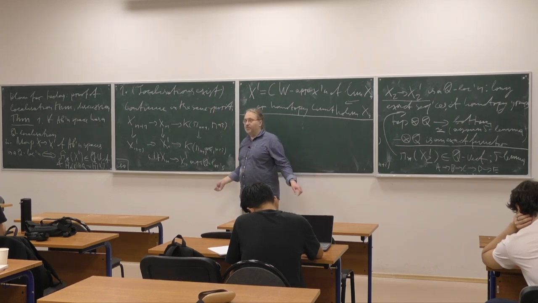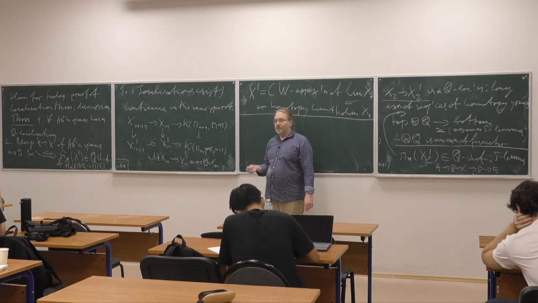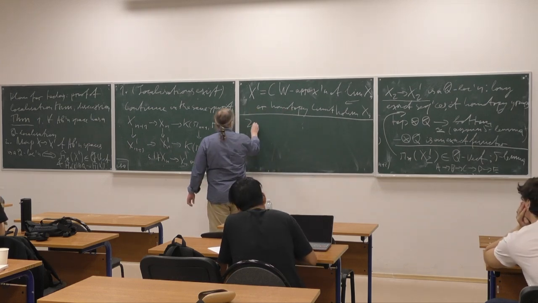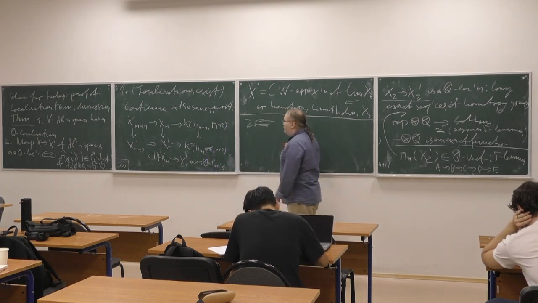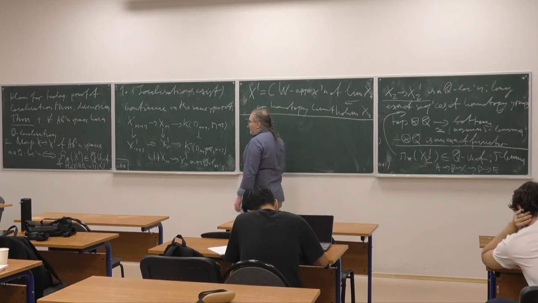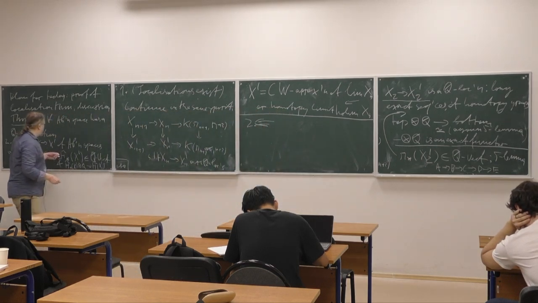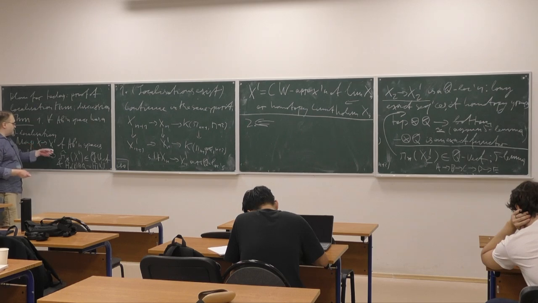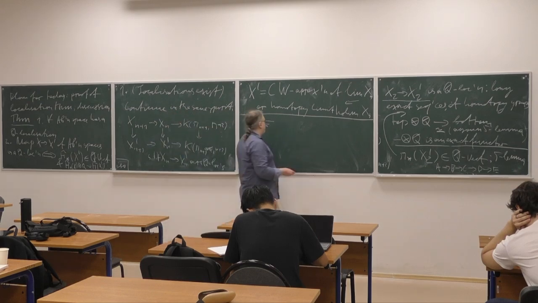Does everyone agree? Let me briefly say something about part 2, the other implications. So, if I have a map of abelian spaces such that, then it's a Q localization.